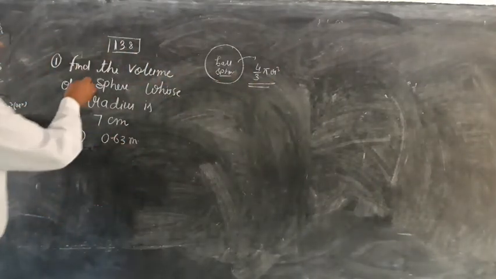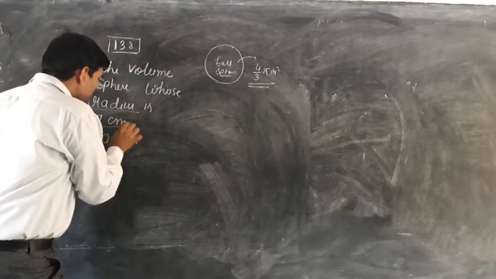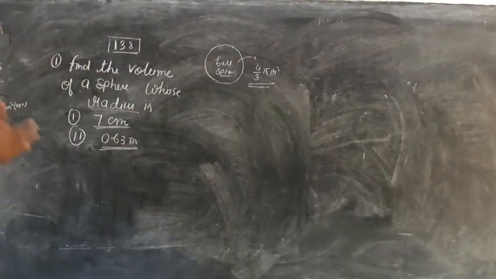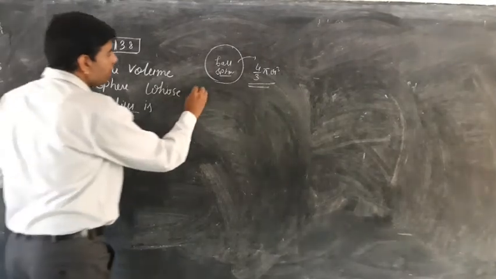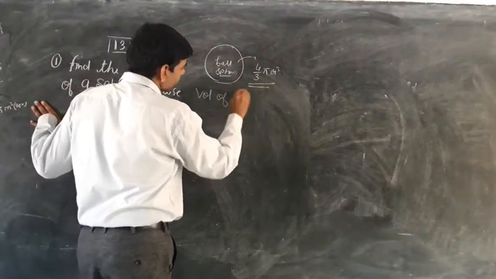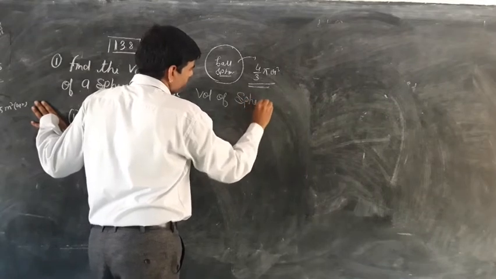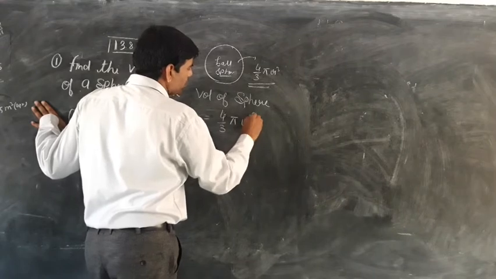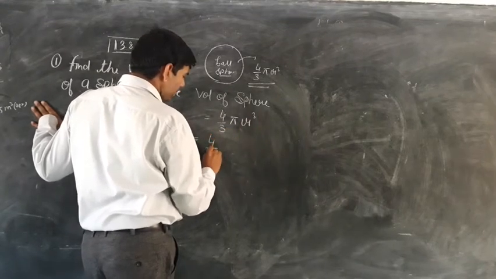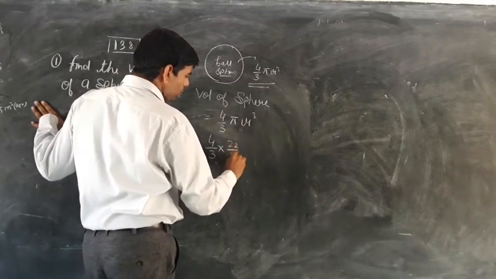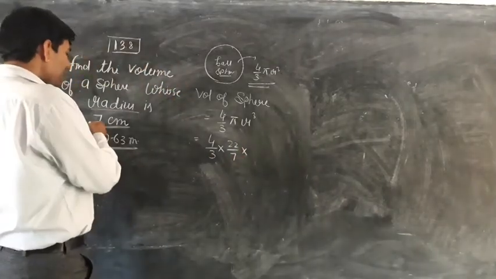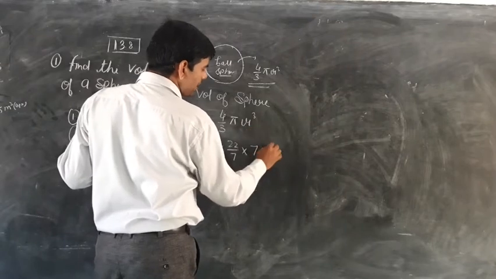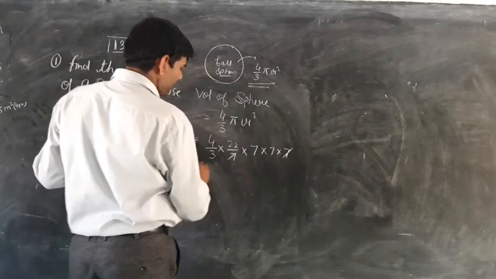In the questions, we are given that the radius is 7 centimeter, and in the second question the radius is 0.63 centimeter. Find the volume of sphere. The volume of sphere is equal to 4 by 3 pi r cube, that is 4 by 3, the value of pi 22 upon 7, and the radius is 7, that is 7 to the power 3. 7 and 7 cancel.